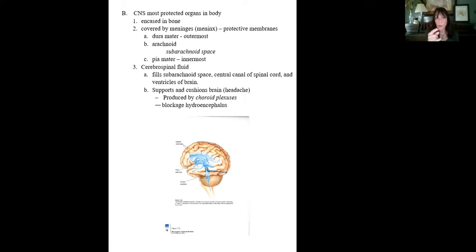I want to mention something about these meninges right here, because lots of times people just think about them as being around the brain and somehow right here they stop. No, these meninges go all the way down around your spinal cord.